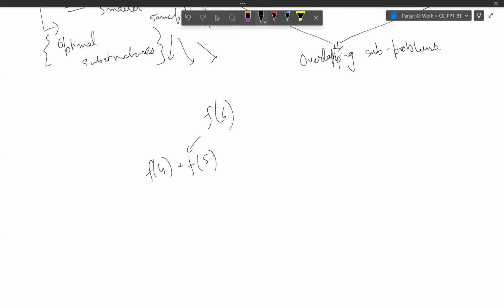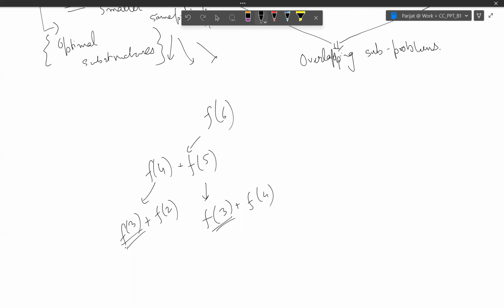And factorial of 4 and 5 is nothing but 3 and 2, and this is nothing but 3 and 4, right? So you can see that optimal substructures have overlapping subproblems. So F3 is in two places.